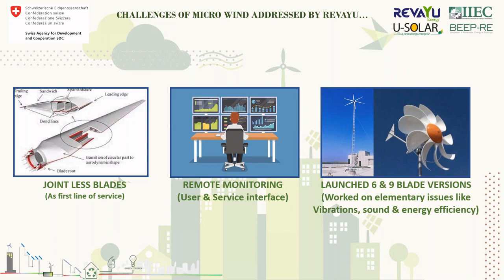We have also launched very silent models like 6 blade and 9 blade, where there is substantial reduction in even the swish sound that these turbines generally create. These are very elementary disadvantages that micro wind used to have, which we have tried to work upon. Next page, please.